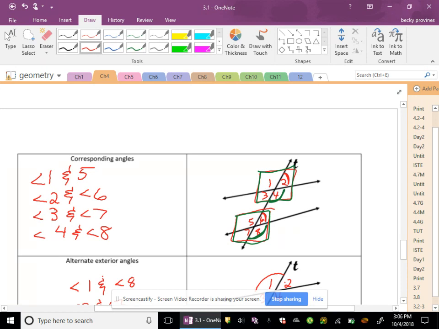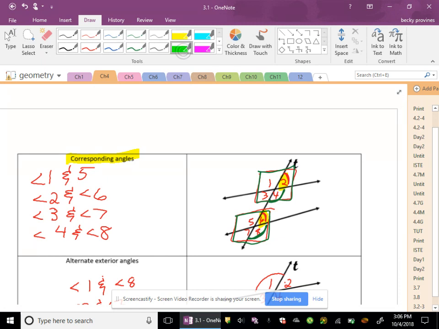Now, something we need to write down is usually the name says interior or exterior angle. And notice this one doesn't say that. It just says corresponding. So let's look at the set we just talked about, 2 and 6. Notice the 6 is interior, but the 2 is exterior. One of each.